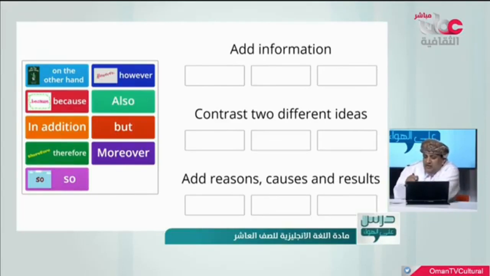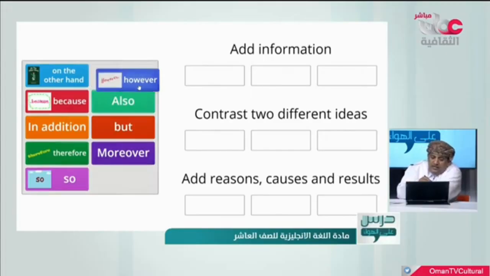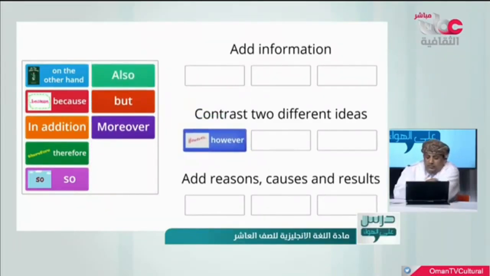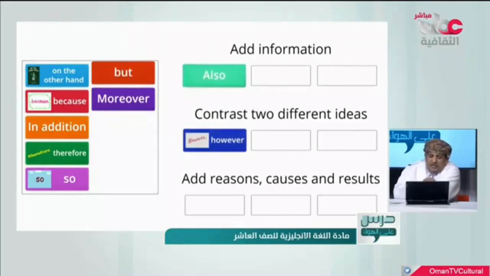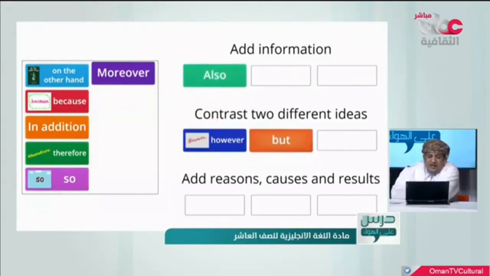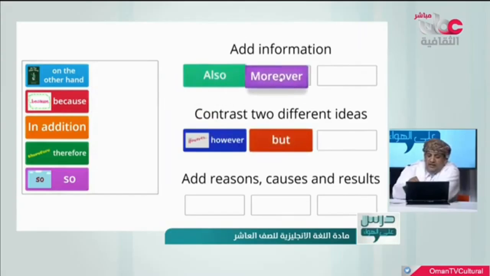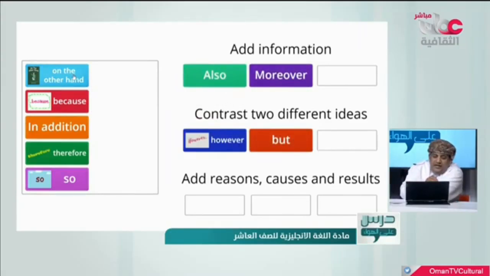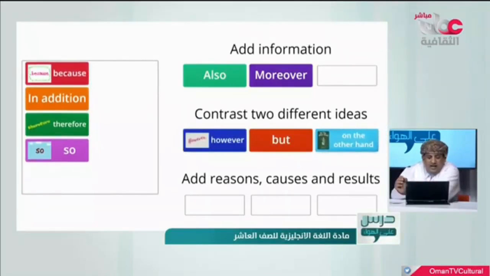Is it adding information, contrast, or adding reason? It's for contrast. Also is for adding information. But is for contrast. Moreover is for adding more information. On the other hand is giving a different idea.